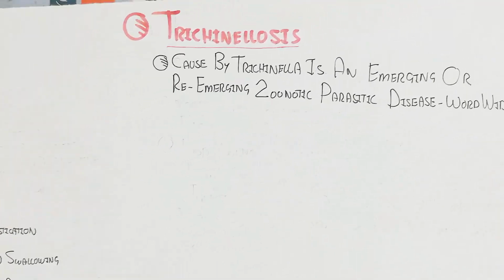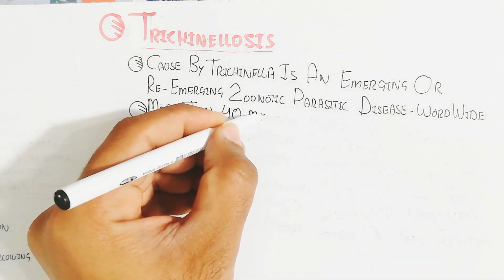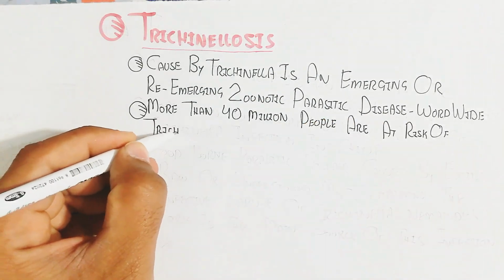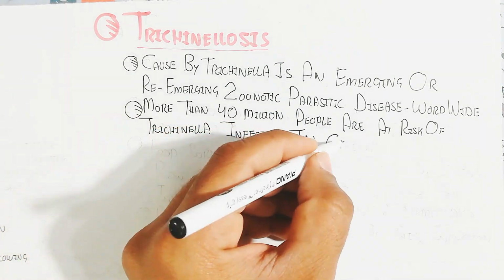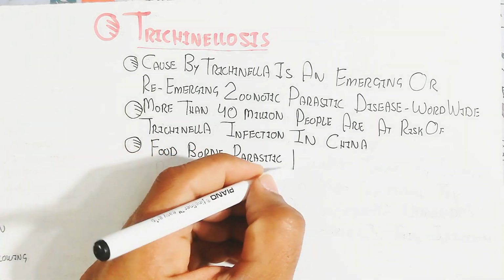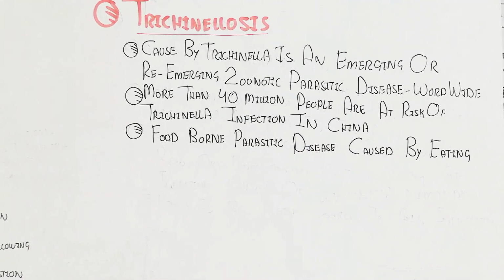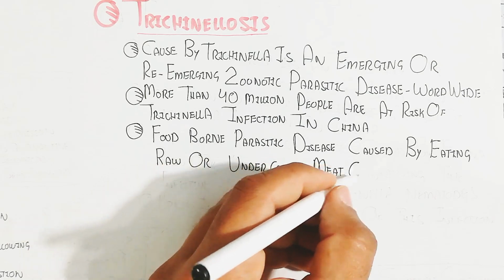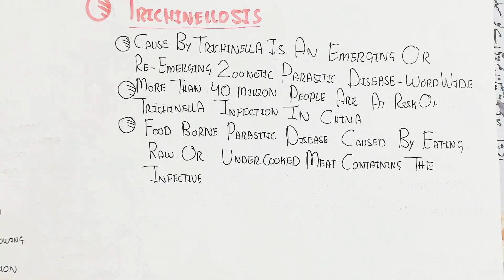So the disease can progress due to inflammation. Let's understand further. More than 40 million people are at risk of Trichinella infection in China alone. It is a foodborne parasitic disease caused by eating raw, undercooked or improperly cooked meat containing the infectious larvae of Trichinella nematodes.